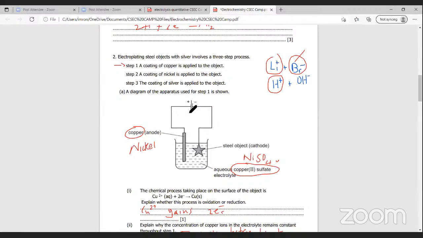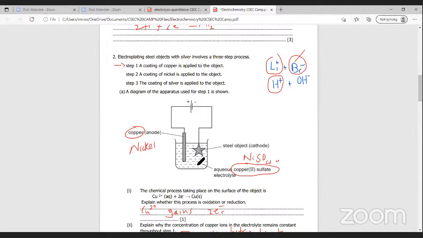So what we're saying is that an active electrode is when the electrode actually takes part in the reaction, just like in the case that we're looking at now in electroplating, or in purification of copper, for example. Because what is happening here is that the copper anode actually dissolves in solution.